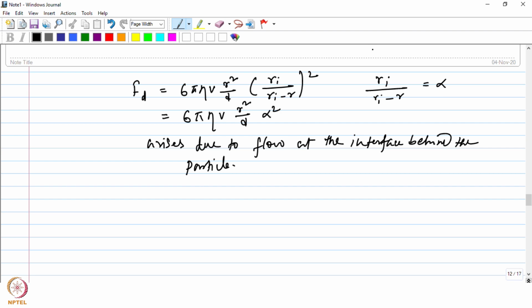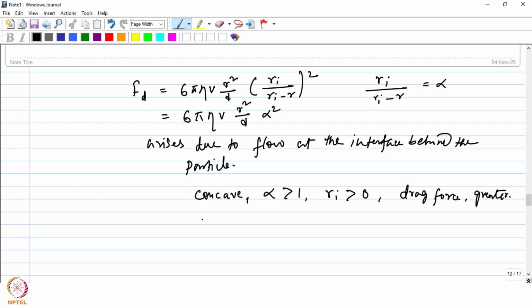However, for a concave interface corresponding to alpha greater than 1, Ri is greater than 0, and the drag force is greater compared to a planar interface.